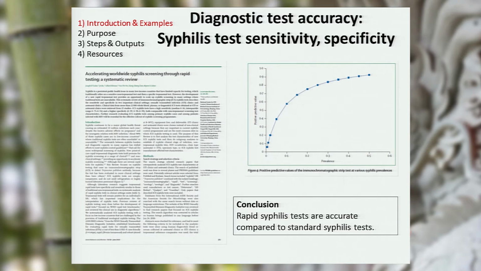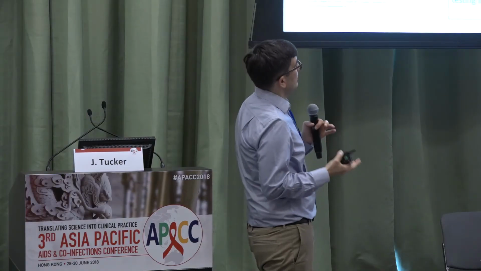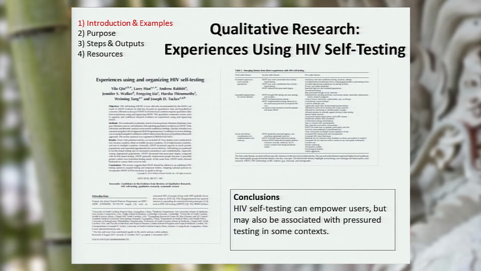And basically, the take-home message of this systematic review was that rapid syphilis tests are accurate compared to the conventional tests. And then for those of you who do qualitative research, this is a different type of systematic review that synthesizes qualitative evidence. And here, you can take in-depth interviews, focus group discussions, really any kind of qualitative study, and pool the data, just like you would with a quantitative study.